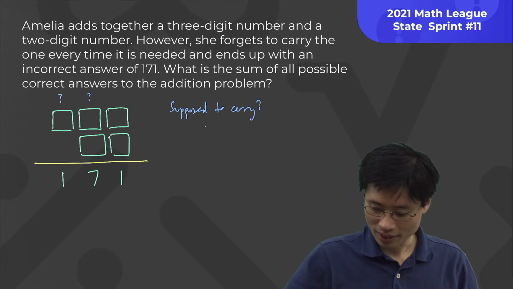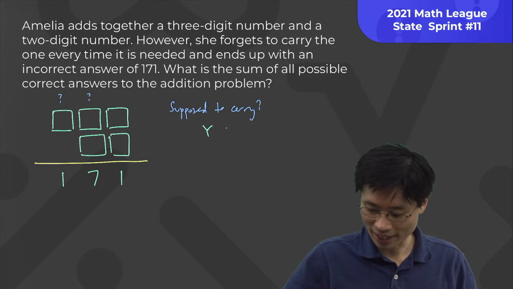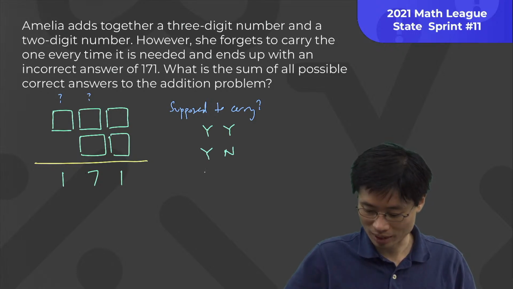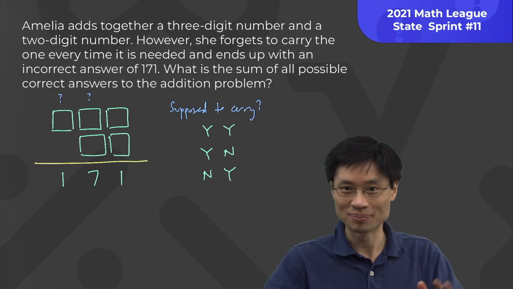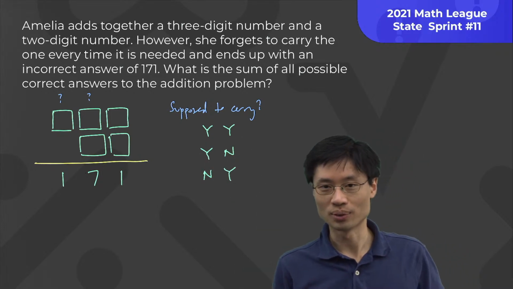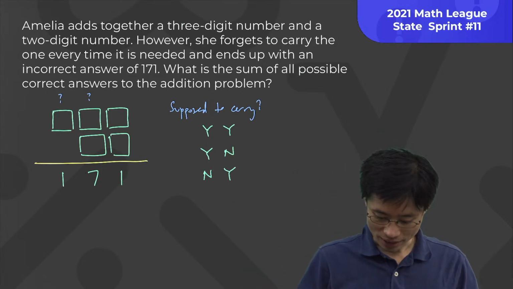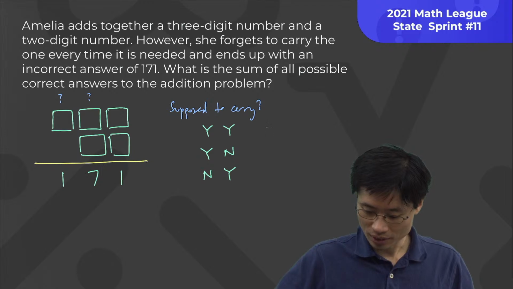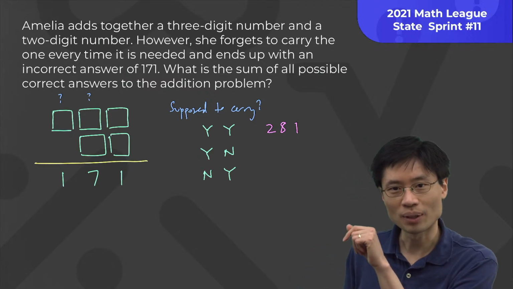Either yes, I was supposed to carry, and yes, I was supposed to carry. Or yes, I was supposed to carry, no, I wasn't supposed to carry. Or no, I wasn't supposed to carry, yes, I was supposed to carry. Okay, so if you were supposed to carry on both, then it looks like the answer you should have gotten is 281.